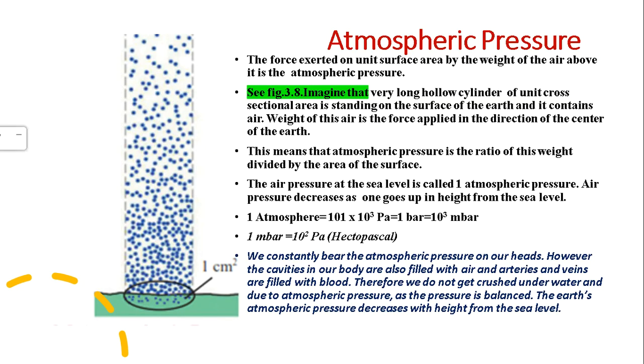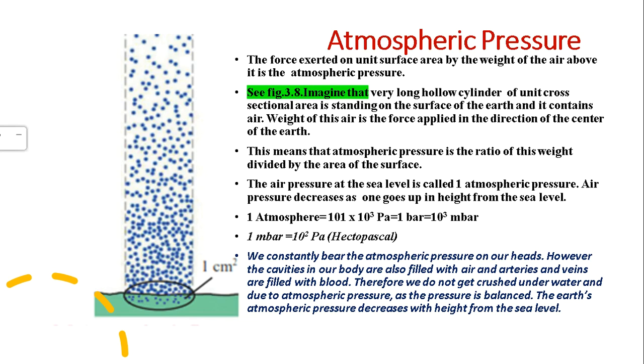Now students, here we will see about atmospheric pressure. The force exerted on unit surface area by the weight of the air above it is called atmospheric pressure. Now observe figure 3.8. Imagine a very long hollow cylinder of unit cross sectional area standing on the surface of the earth and containing air. The weight of this air is the force applied in the direction of the center of the earth.